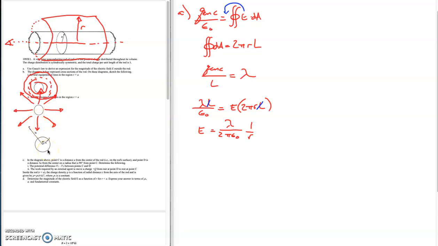All right, part C1. So in the diagram above, we have point C that's on the surface, a distance A, and then we have point D over here that's a distance 3A outside the rod. And for some strange reason, they tell us that the angle between them is 90 degrees. That's not relevant for this part at all.